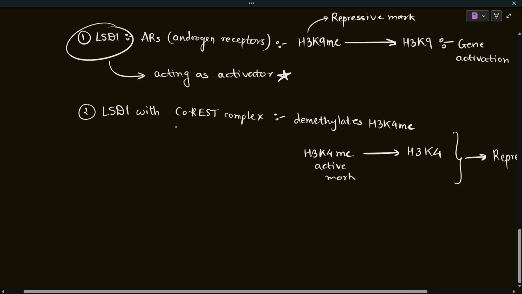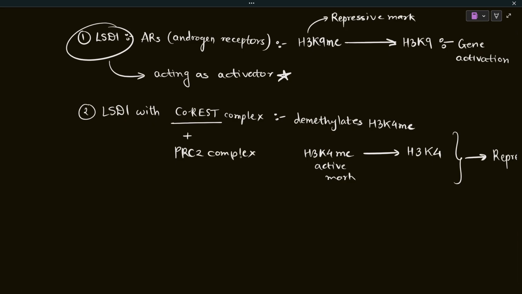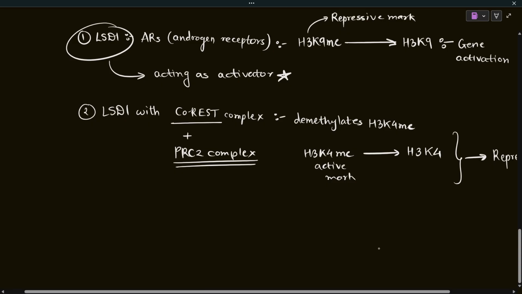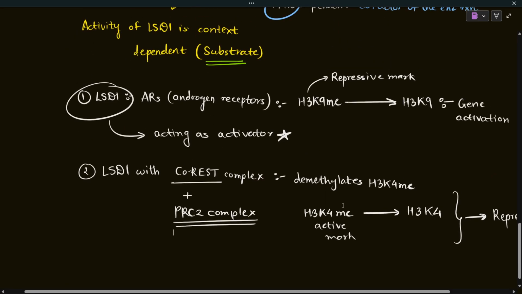So along with the CoREST complex, along with the PRC2 complex. Okay, when we learn about long non-coding RNAs, after 2 to 3 lectures, we will see how LSD1 with PRC2 complex removes the H3K4 methylation mark, and how it helps in epigenetic regulation. Okay, so that is why LSD1 activity is context dependent.